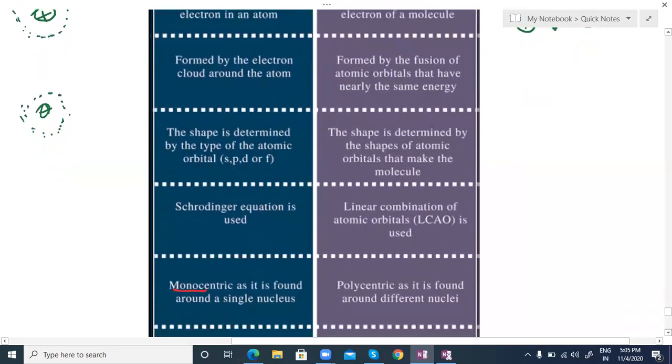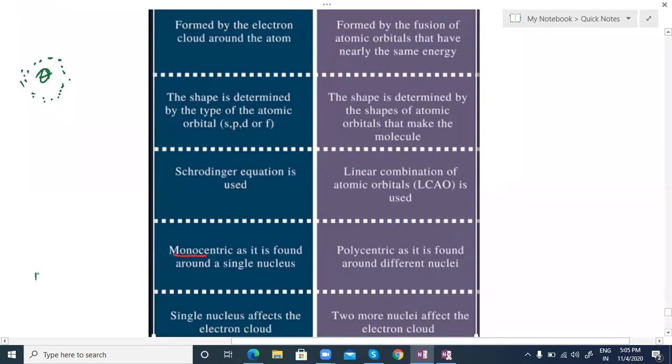They have some conditions under which they can overlap. An atomic orbital is related to one nucleus, and it is attracted around that nucleus. That's what we call monocentric. But a molecule has many atoms combining, for example CH4, where 5 atoms combine. The electron cloud is under the control of these 5 atoms, attracted by all 5 atoms. That's what we call polycentric.